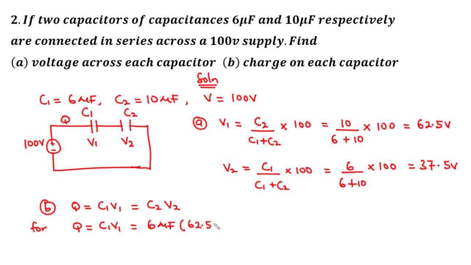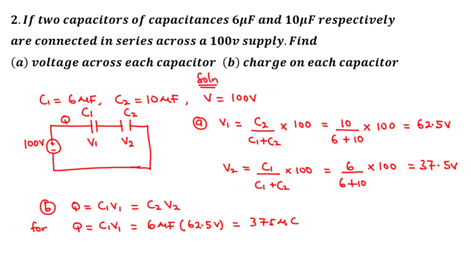Now this is equal to 6 times 62.5, and that is giving us 375, and then we have micro, so 375 microcoulomb. That is the charge stored on each capacitor.